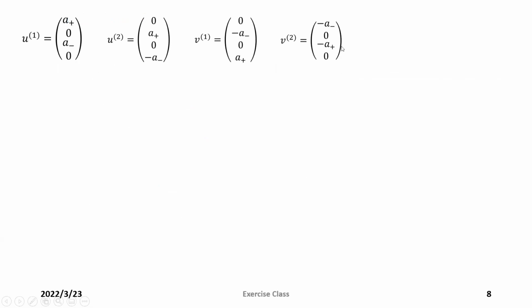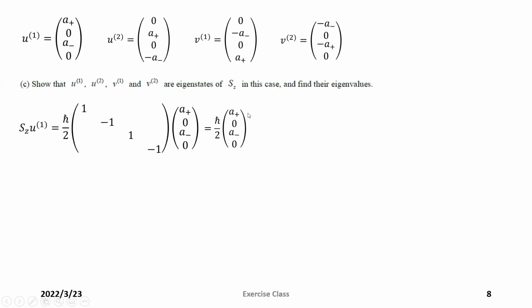So in summary, the 4 spinors will be like this, if we put the z-axis along the direction of motion. And in the last part, we have to find the eigenvalues of these eigenstates. So we can just apply the spin matrix on these spinors.